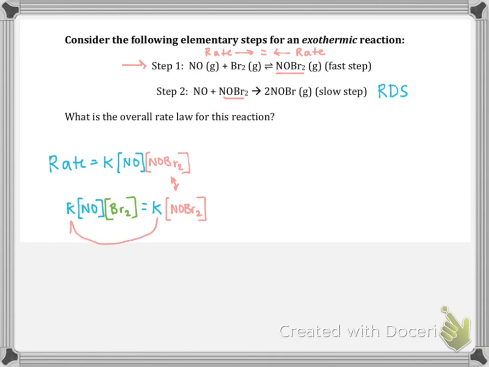So what we're going to do is move our k over so we can isolate NOBr2, divide that over, and we'll make some new fancy k. And then we can take this whole section and replace NOBr2.